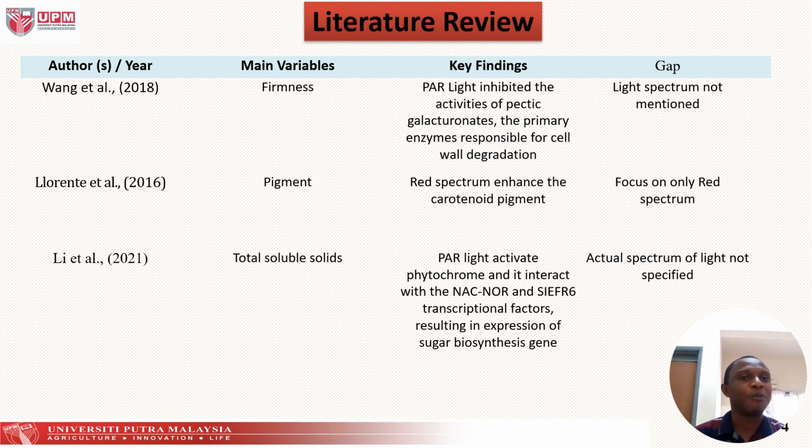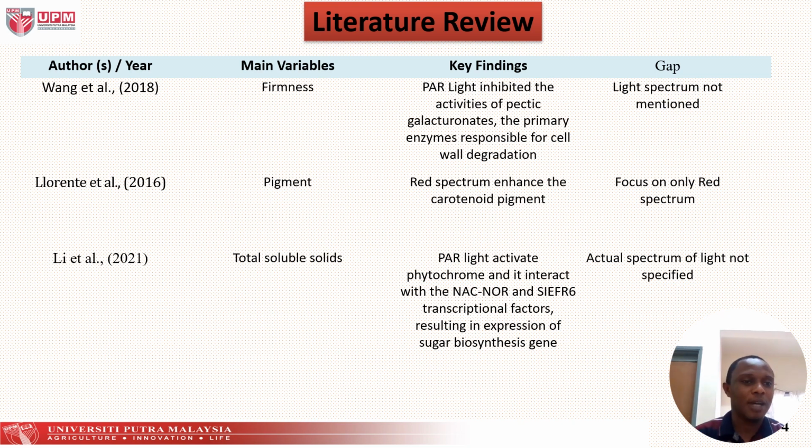A few studies have been conducted on this subject. Wong et al. 2018 provided a theoretical background that photosynthetic active radiation can suppress the activities of polygalacturonase, the primary enzyme responsible for cell wall degradation.